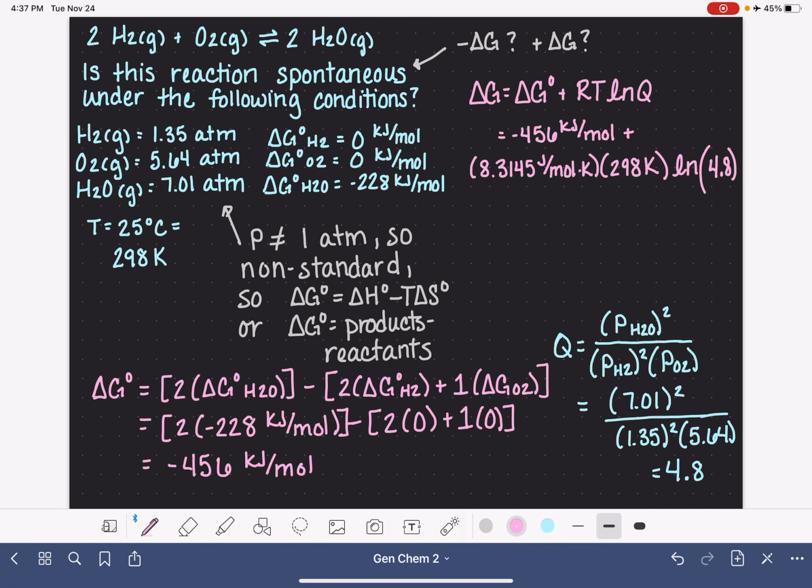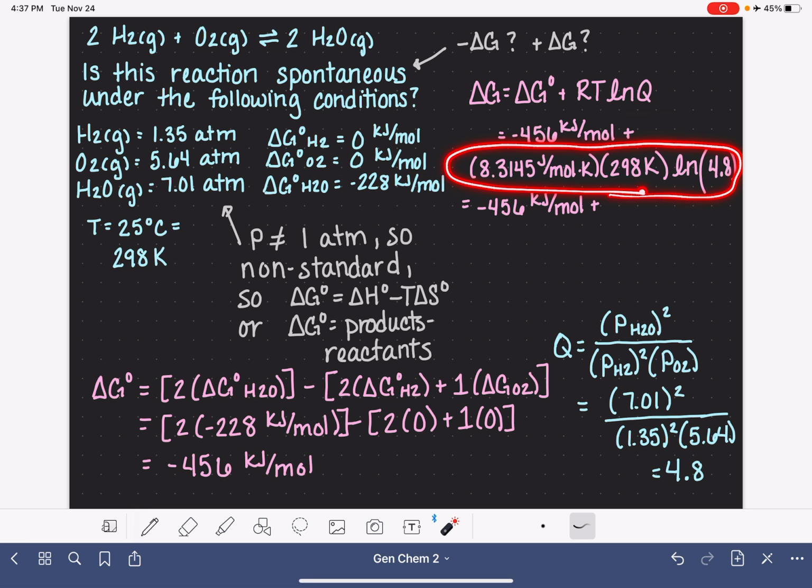So let's work on the algebra of solving this particular equation. In the first step, to condense this down a little bit, we have the 456 kilojoules per mole, and I'm just going to work out all of the math on this side of the equation.